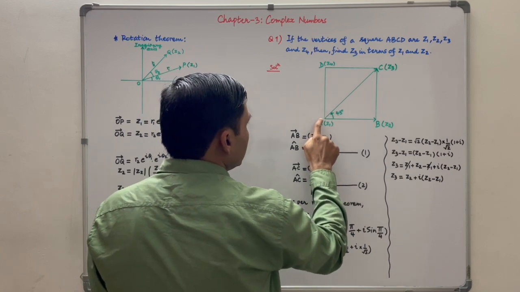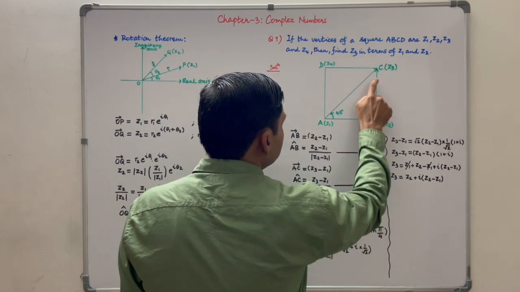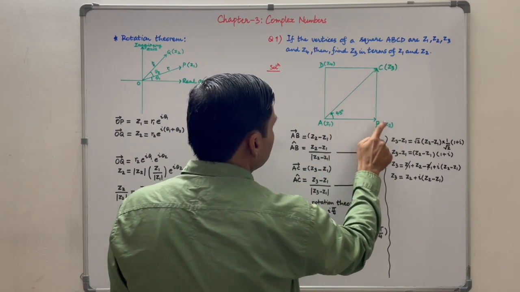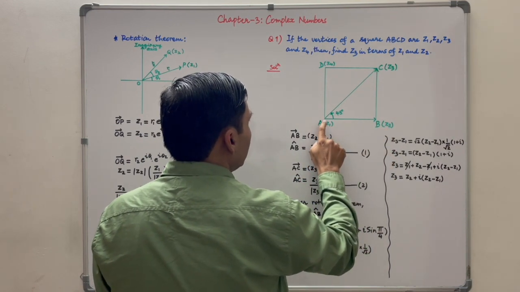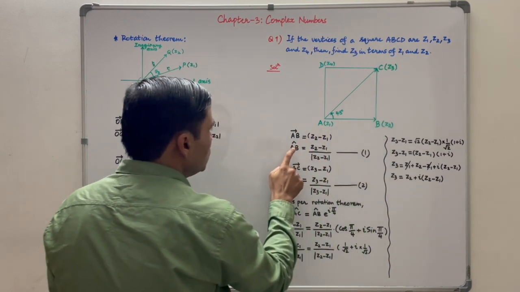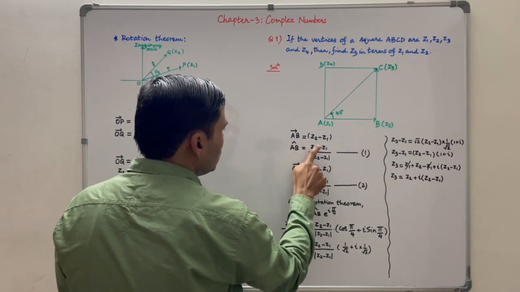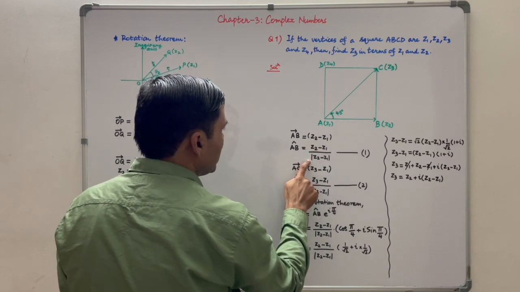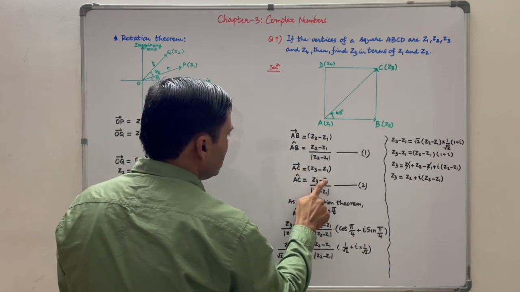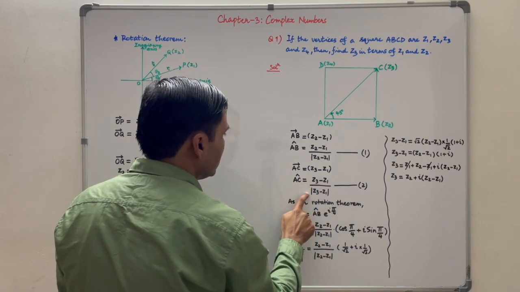So we can say that vector AB plus vector BC is equal to vector AC. Vector AB is equal to Z2 minus Z1 and vector AC is equal to Z3 minus Z1. Unit vector AB is equal to (Z2 minus Z1) upon mod (Z2 minus Z1). Unit vector AC is equal to (Z3 minus Z1) upon mod (Z3 minus Z1).